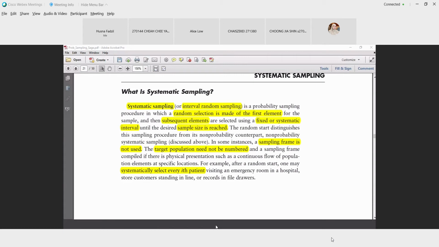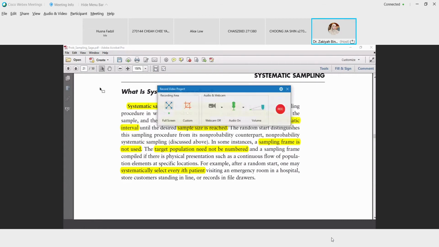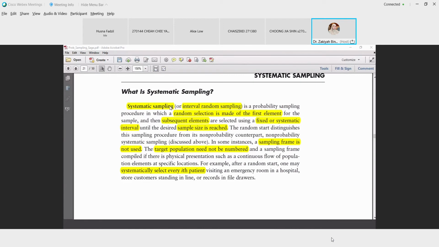It's probably blocking a bit, so hang on. I'm going to record full screen. Hold on, you have something blocking because I'm trying to record this manually. Okay, on air.